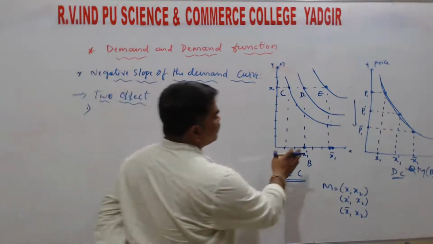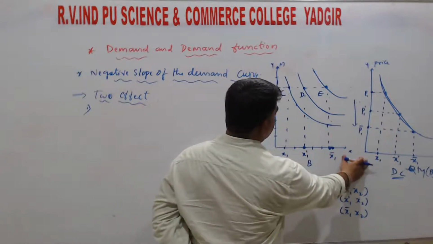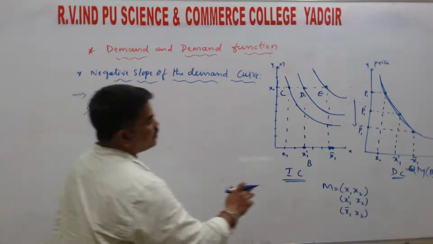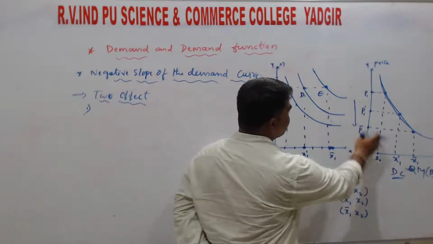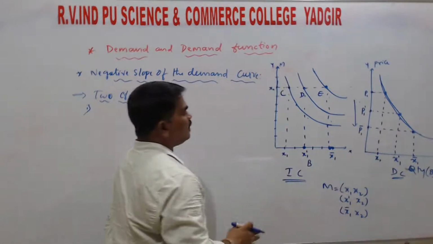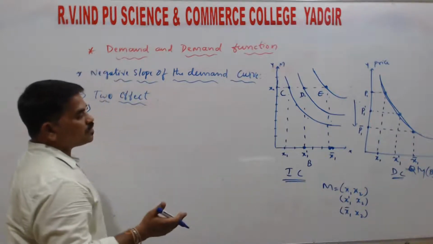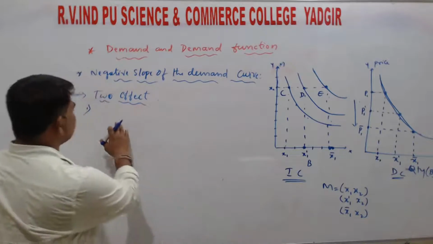When we observe this graphical representation, as we know, the demand curve is negatively sloped, and we can find two effects here. I will mention them here.